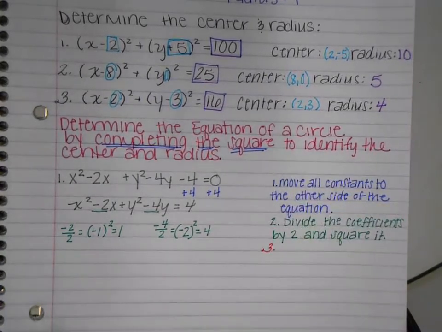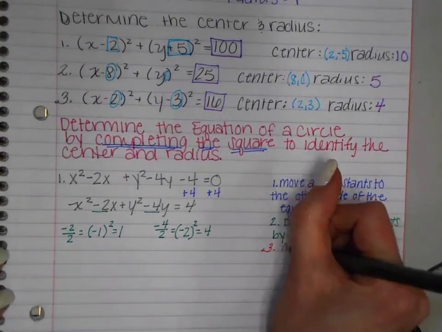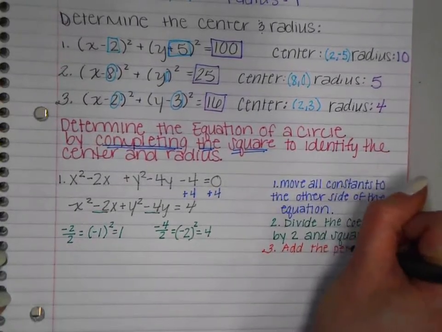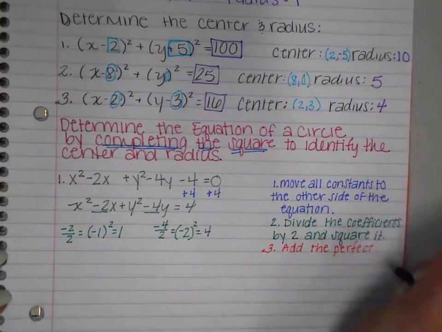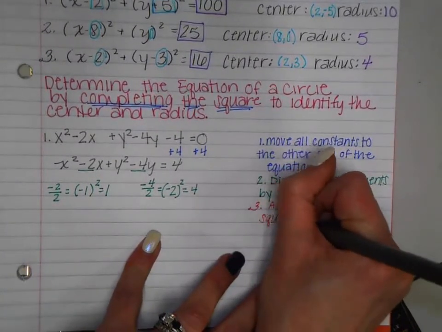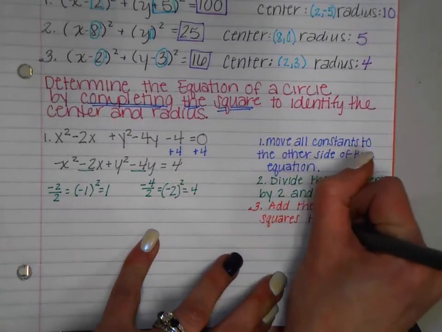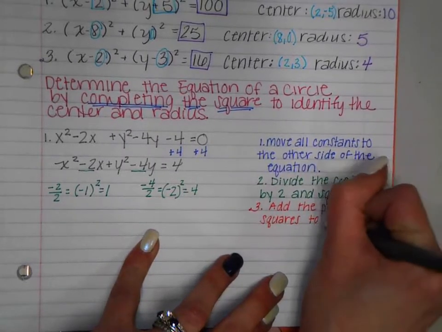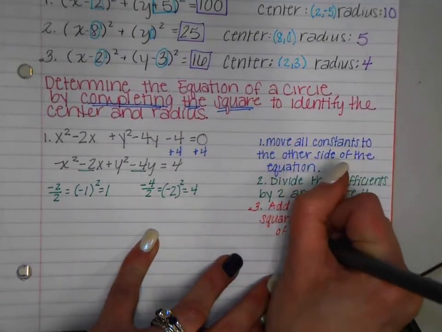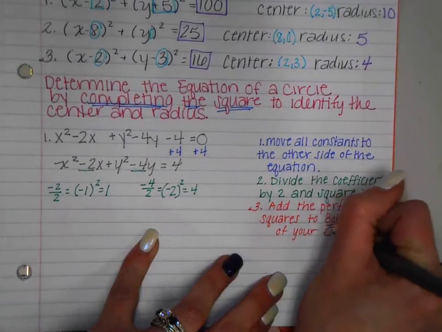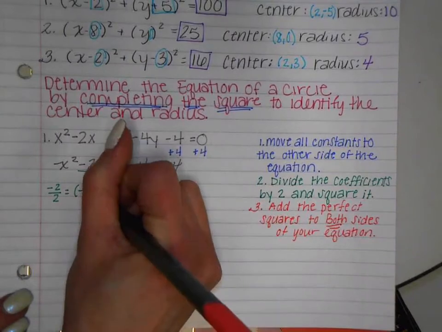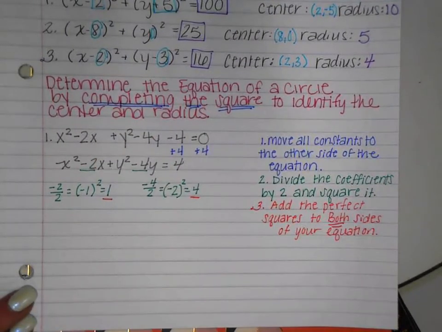Step 3, add your perfect squares to both sides of your equation. Okay, so here's our perfect squares, our 1 and our 4.